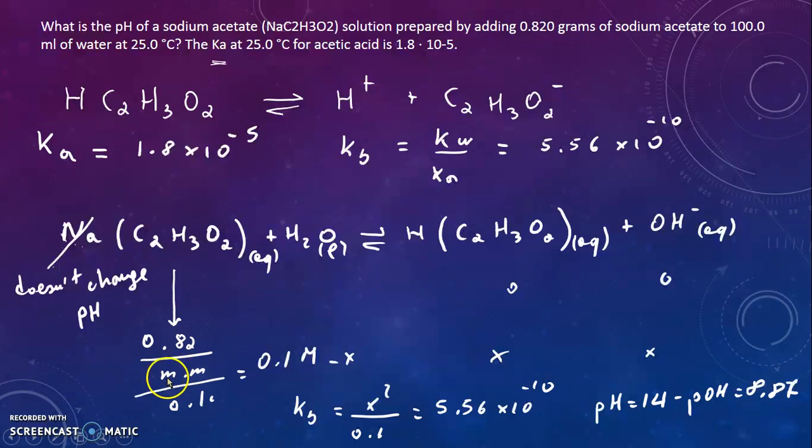You just go to moles, so divided by the molar mass, you have the moles. And then they put this inside 100 milliliters of water, which means 0.1 liters of water, which gives you a concentration of 0.1 molar solution. So stop right there. This is what they are giving you.